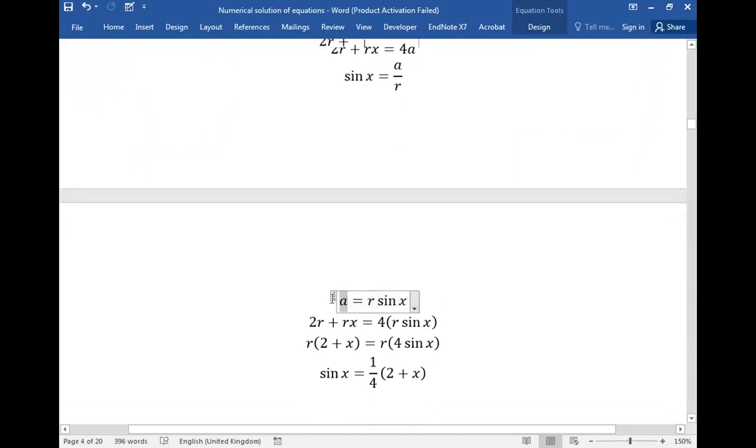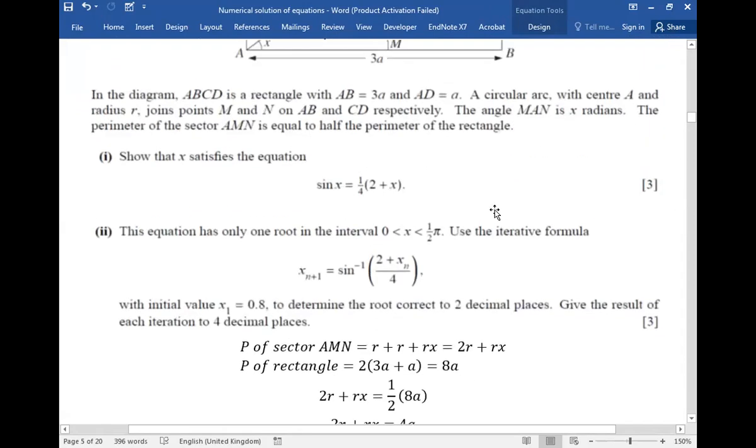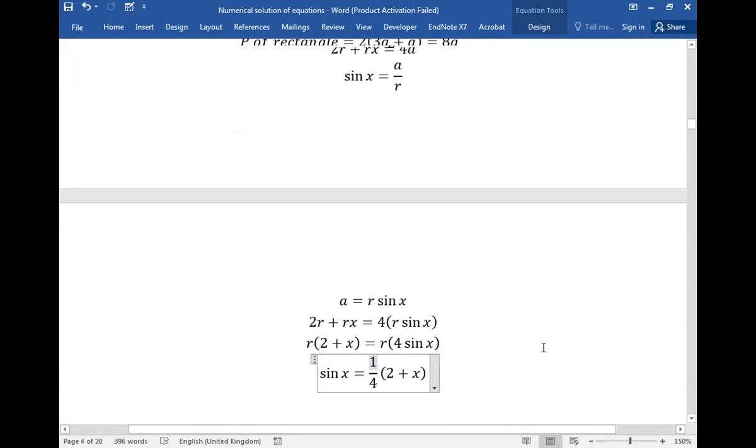I can say that a is r sin x. Plug in r sin x in place of a. Take r common from both sides, cancel them out, and you'll get the equation given in the question. Sin x is 1/4 of (2 plus x). Do it on your own, and if you're unable to get to the answer, please let me know.